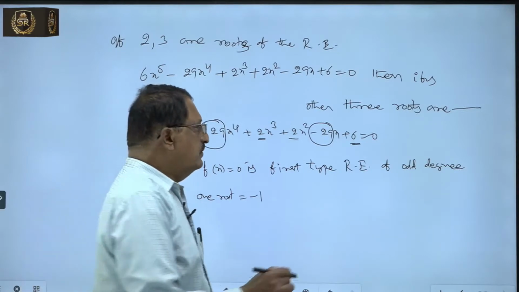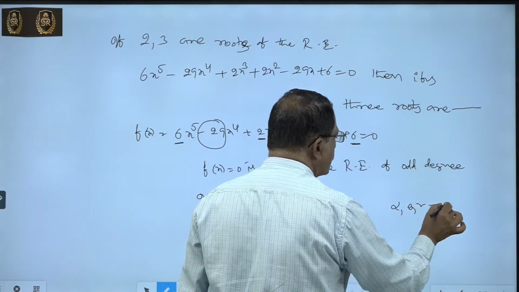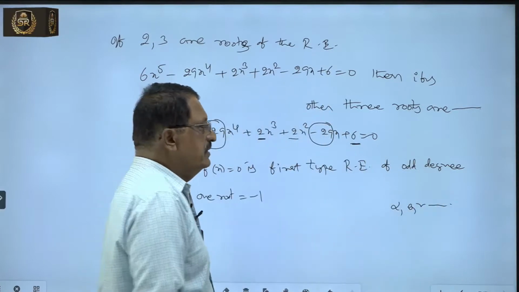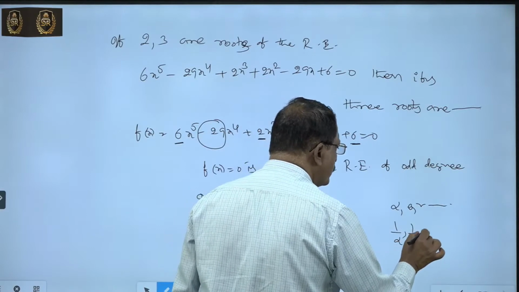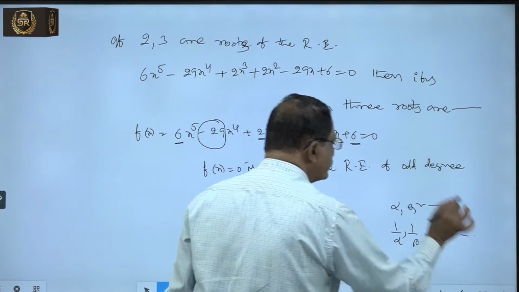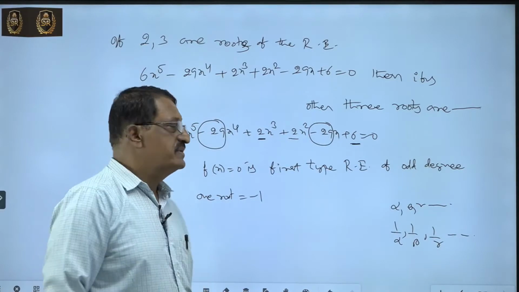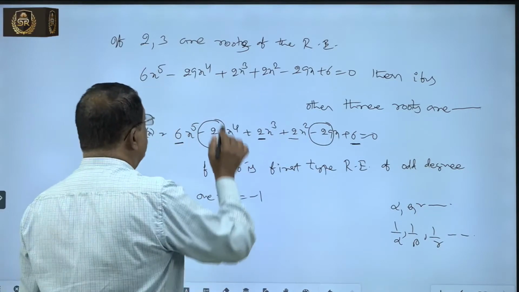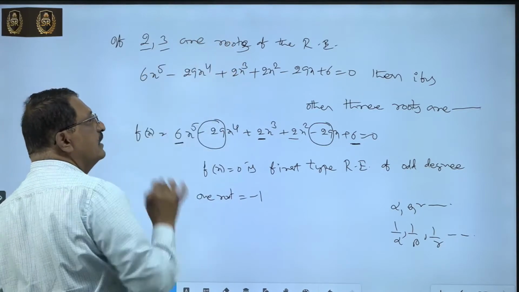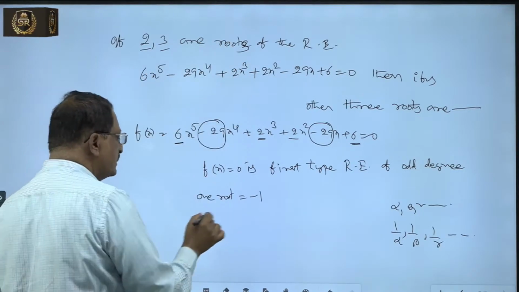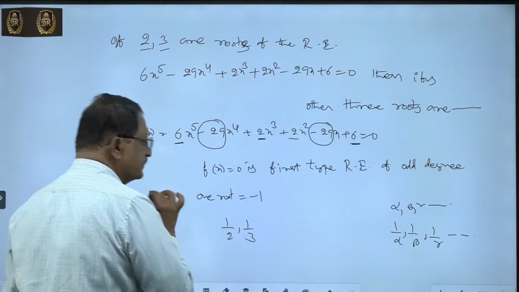If alpha, beta, gamma and so on are roots of a reciprocal equation, then compulsorily 1 by alpha, 1 by beta, 1 by gamma are also roots of the equation. Reciprocals are also roots of the equation. Now 2 and 3 are roots of the given equation. Therefore the other roots are 1 by 2 and 1 by 3 also.